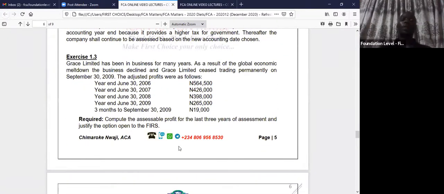Let's go to the third C. The third C here is cessation of business. Now, every business which you register as a partnership or a sole proprietor, normally even companies, you normally prepare your account based on going concern. It means that the account will continue in the foreseeable future.